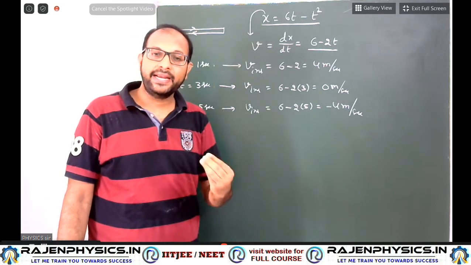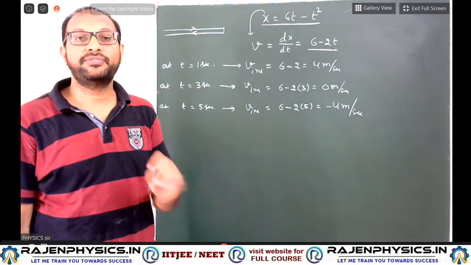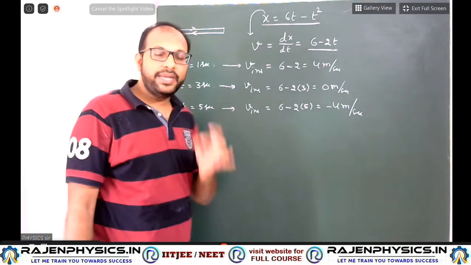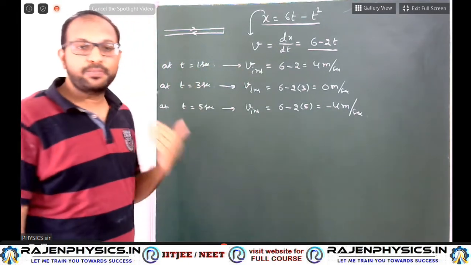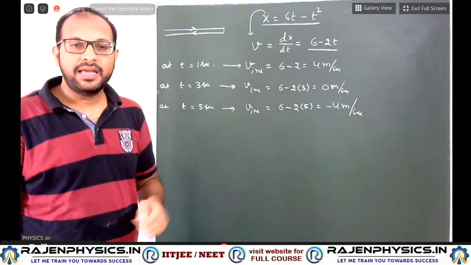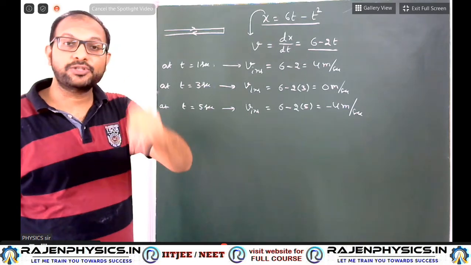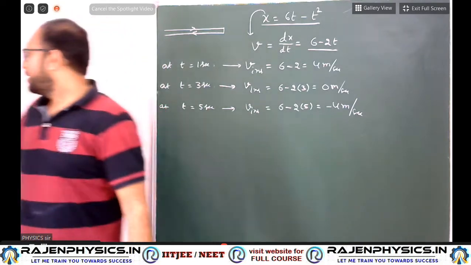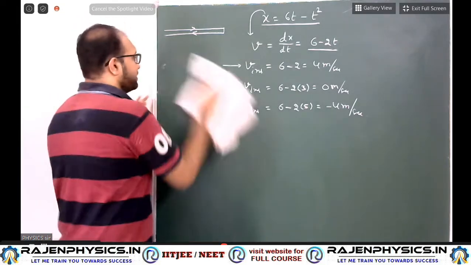Instantaneous speed is just 4. You need not mention the minus. So instantaneous velocity and speed are completed. Now coming to average velocity and average speed. This is important. Just wait.